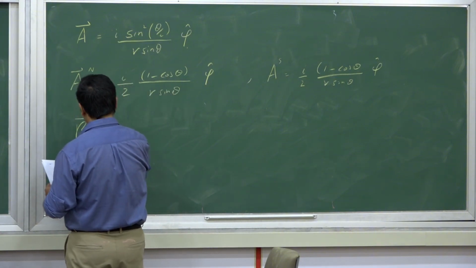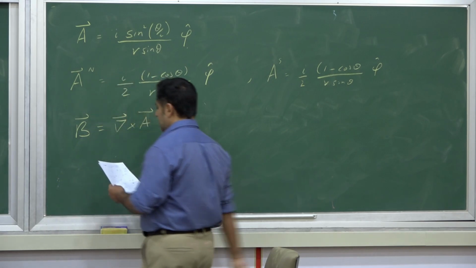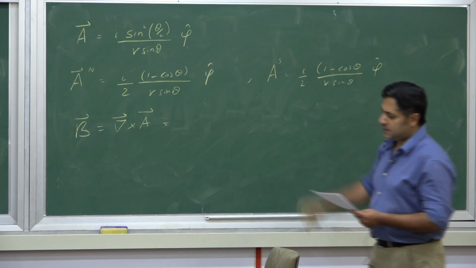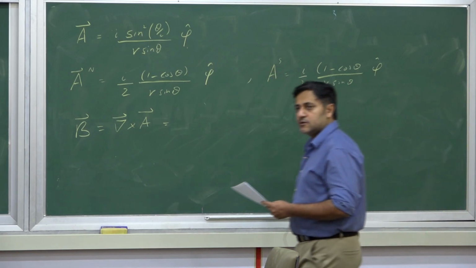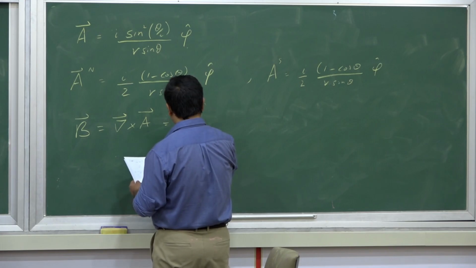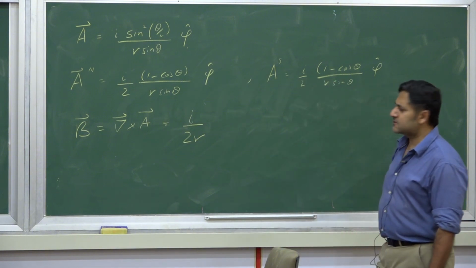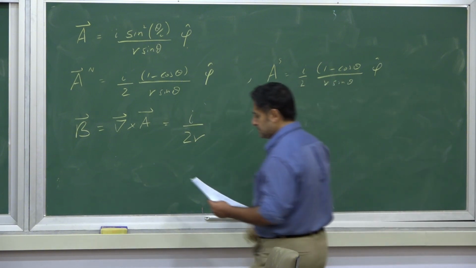And B is del cross A. I can compute it over there, but I don't even need to do that because we already did. Because I'm carrying in my definition somewhere an extra i, so it's just there.